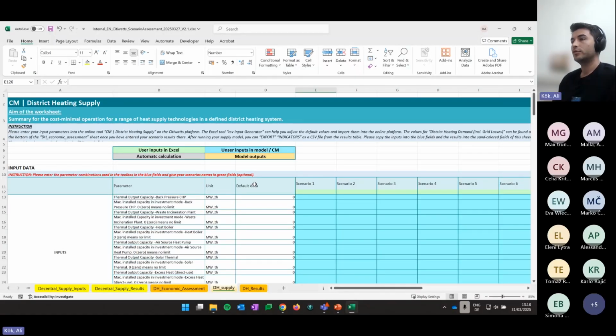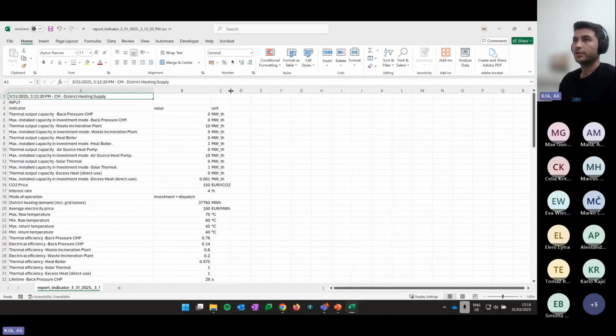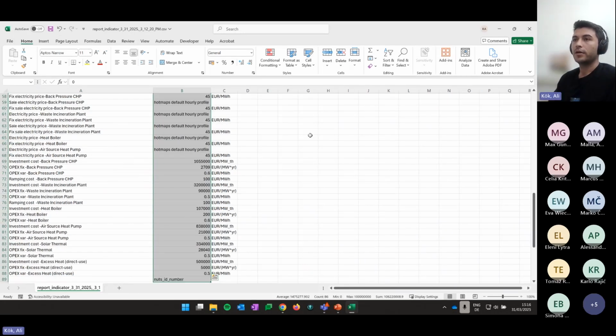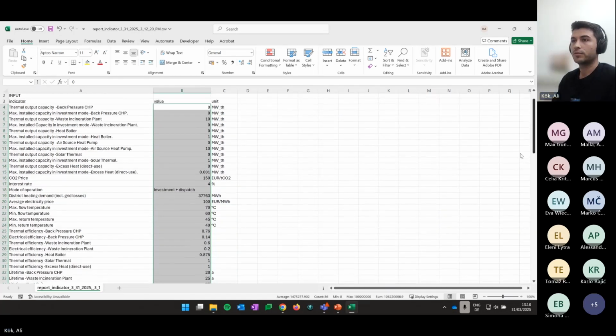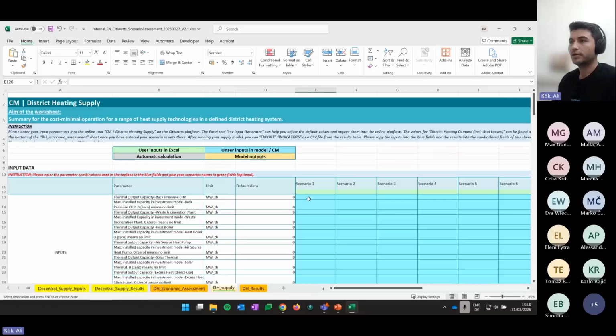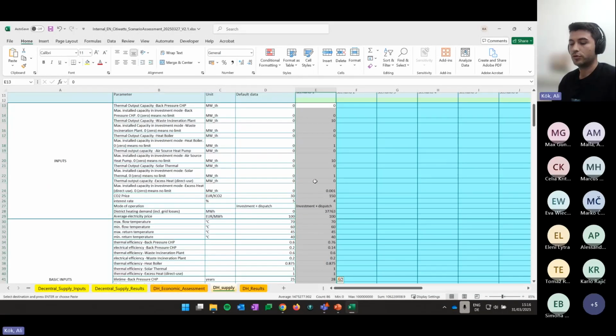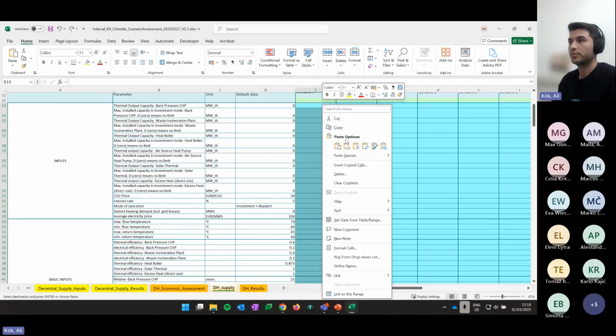And please note that you need to do this change of separators, list separators, decimal separators. Otherwise, you don't see it in this format. And I basically copy the whole inputs section. So this is inputs. I come to my scenario assessment and paste it here. So I just paste the values.